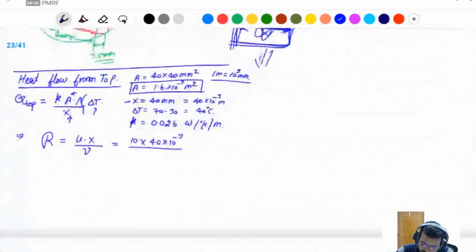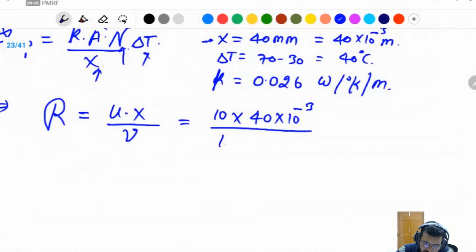Put the value here, 1.8 into 10 to the power minus 5. And what is the Reynolds number?